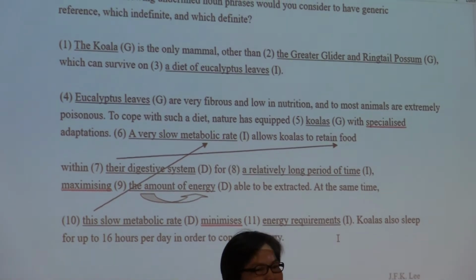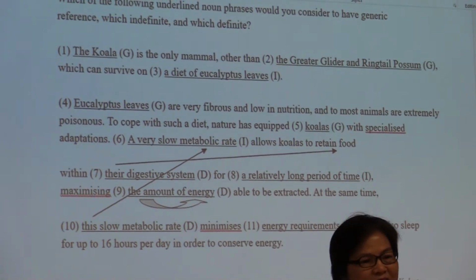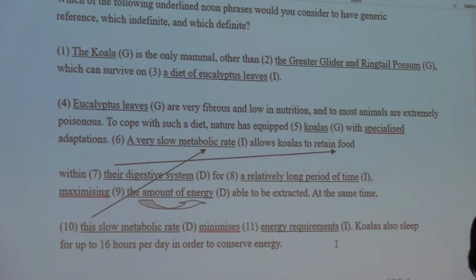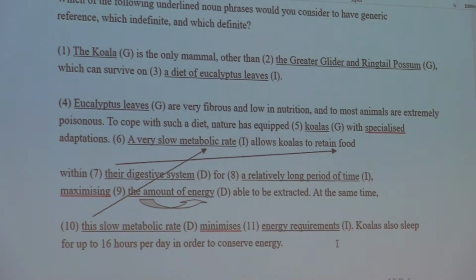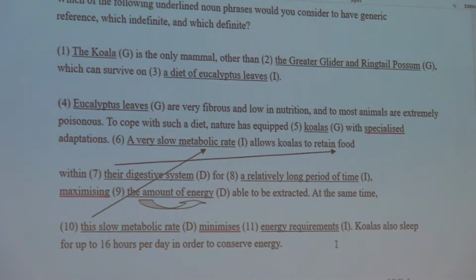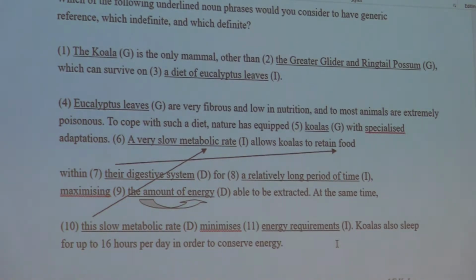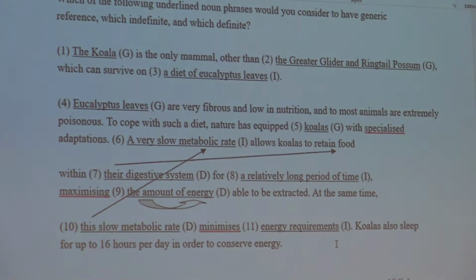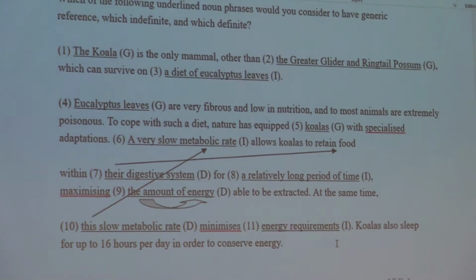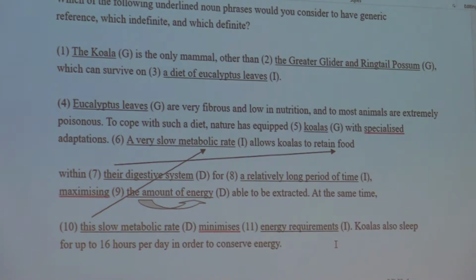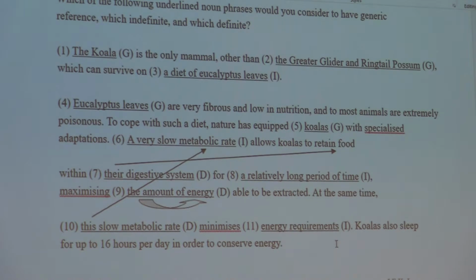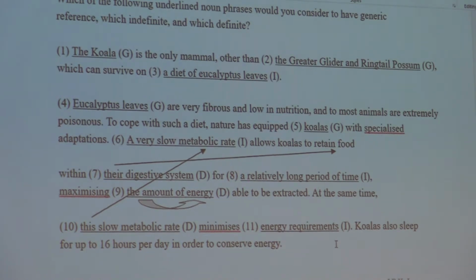What might puzzle you is whether it is indefinite reference or generic reference. So the article can give you a lot of hints. When you see the word there, you can immediately rule out indefinite reference. It must be either definite or generic.